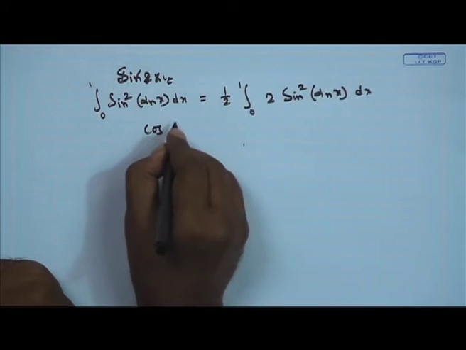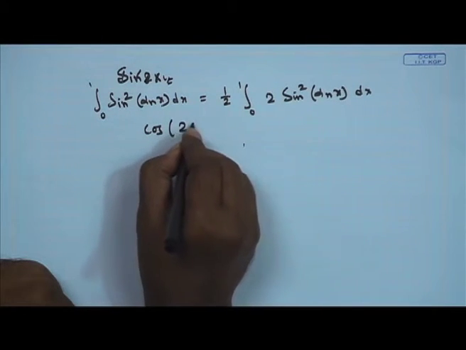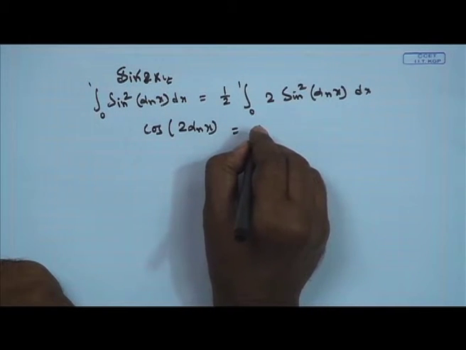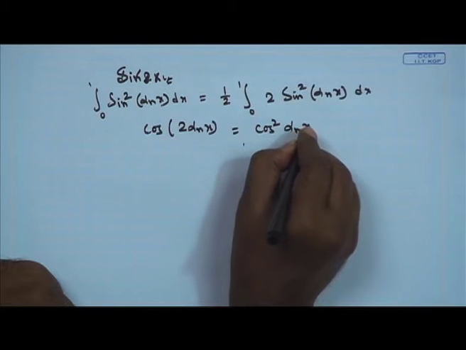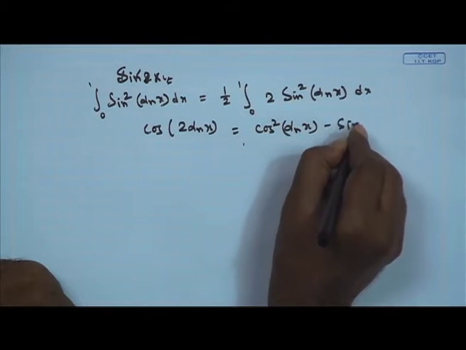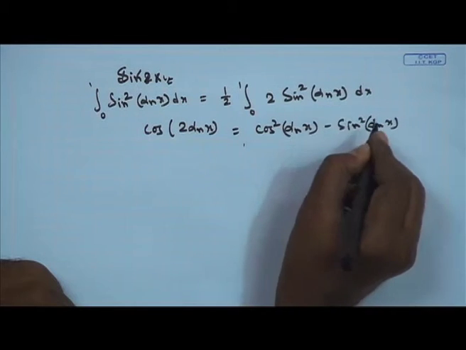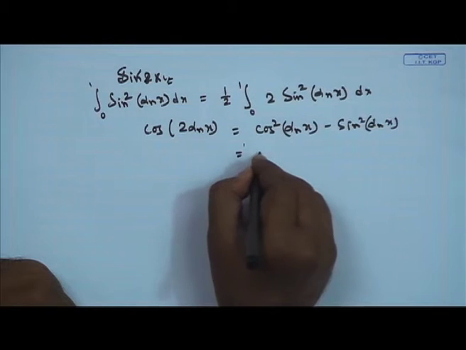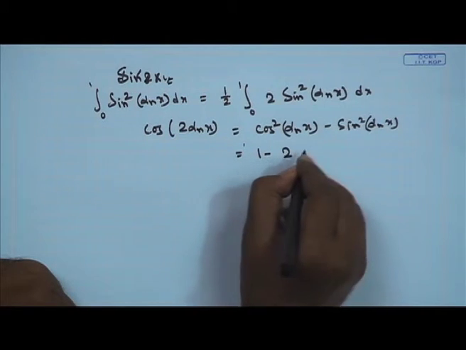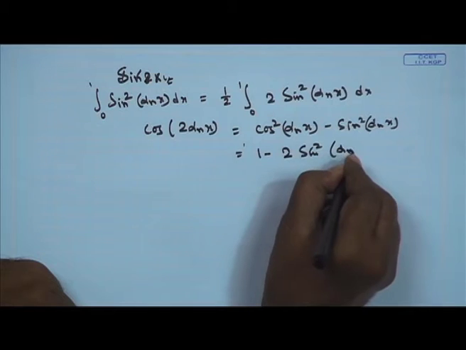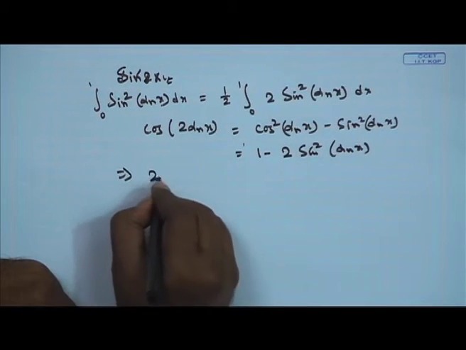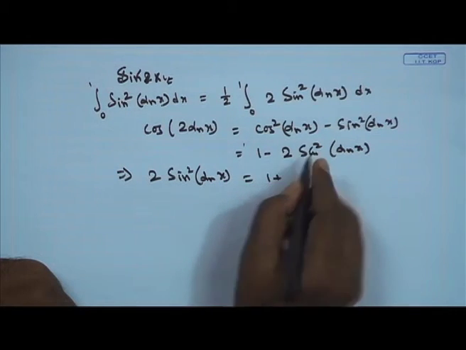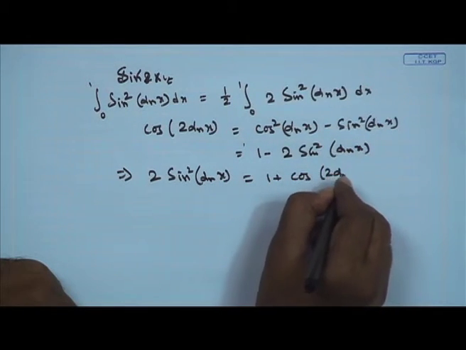So cos 2 alpha n x will be nothing but cos squared alpha n x minus sine squared alpha n x, and this becomes 1 minus 2 sine squared alpha n x. Therefore 2 sine squared alpha n x will be nothing but 1 plus cos 2 alpha n x.